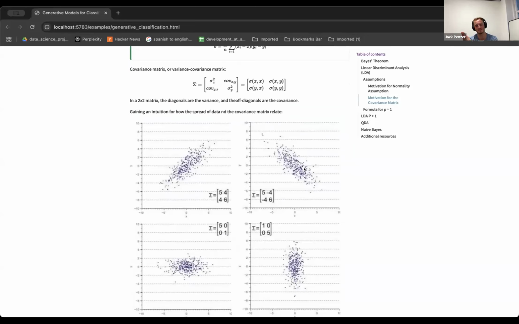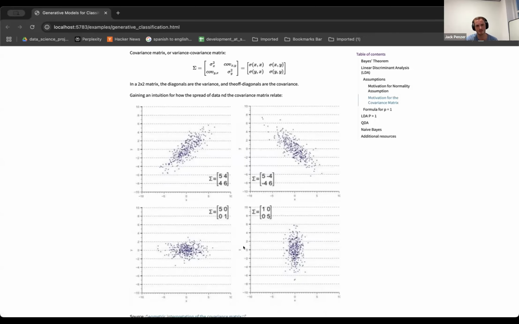This is when they're not positively correlated, but they are negatively correlated. So all you do is you minus one the off diagonal. And then this is the covariance matrix for data that just has no linear relationship, there is just not a correlation. This is what the covariance matrix would look like.